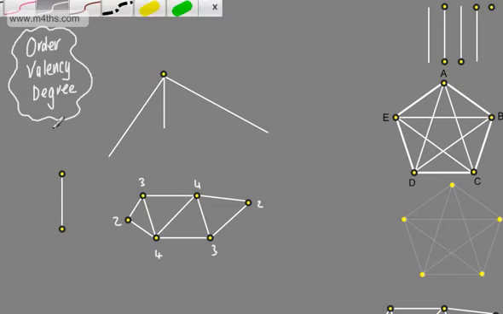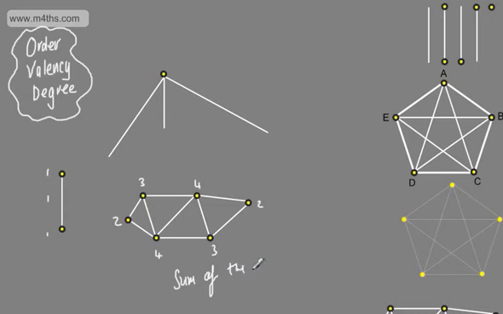So let's look at this one right here. If we said that this now was a graph, we've got now a total valency of 1 and 1, which is 2, yet we've now got 1 arc or edge. If we look at this, 2 plus 3 plus 4 is 9, 11, 14, 18. So the sum of the total valency now is 18.